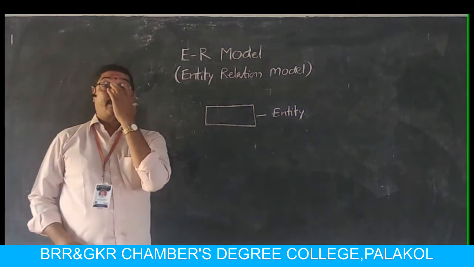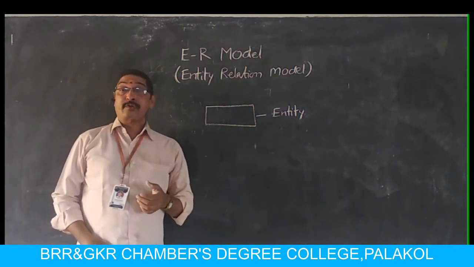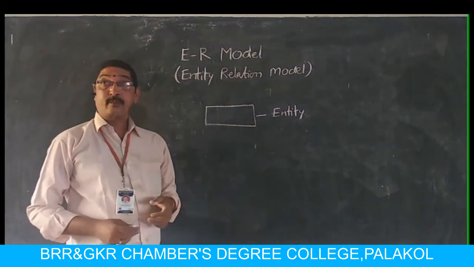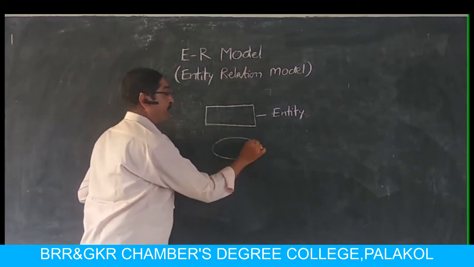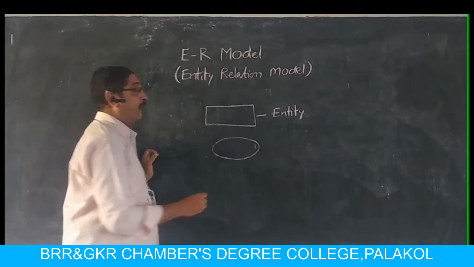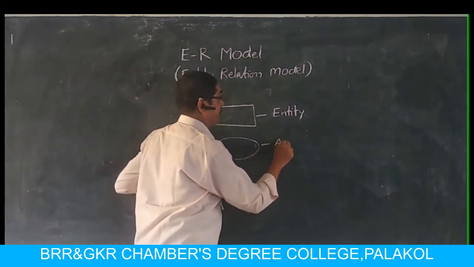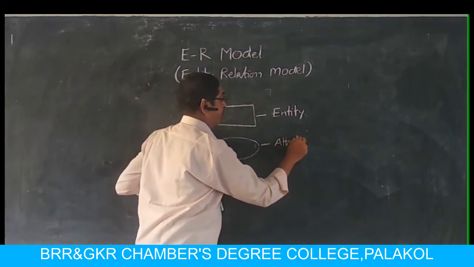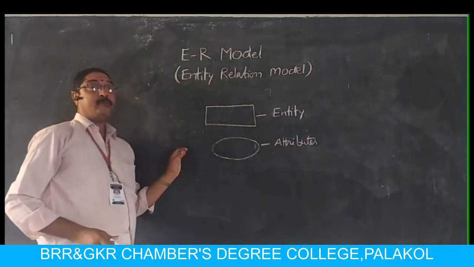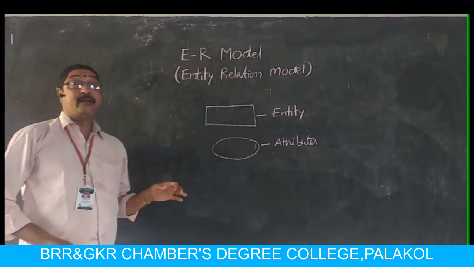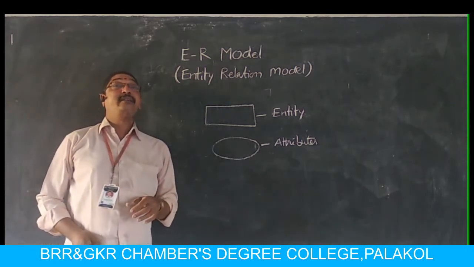And we have one more, attributes. How are attributes represented? Attributes are represented with the help of these symbols. And next, relation. How is the relation represented?